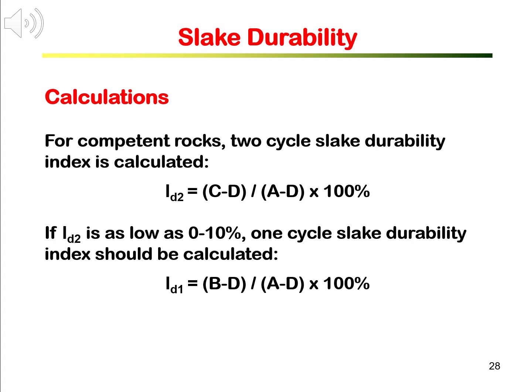Therefore, ID2 is close to 0. In the case of ID2 below 10%, we will use the one-cycle slake durability index, ID1, which is calculated as B minus D divided by A minus D in percentage, shown by the second equation here. Here, B minus D is the dry mass of the rock specimen after the first test cycle.